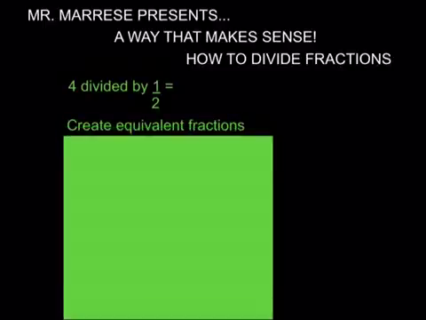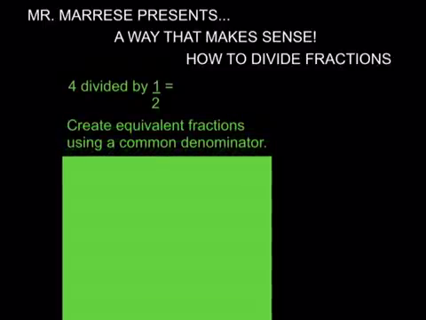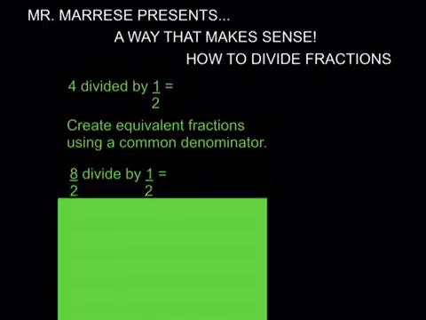What we want to do is create equivalent fractions using a common denominator. So 1/2 has a denominator of 2. We want to write a value that's equal to 4 whole that has a denominator of 2. So what we can do here is express 4 whole as 8 divided by 2.